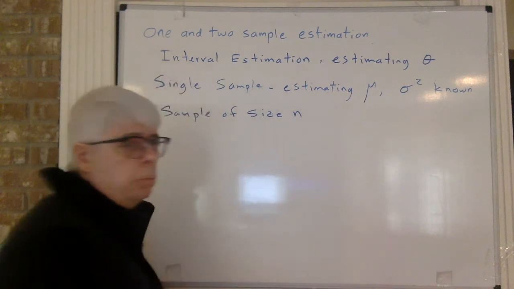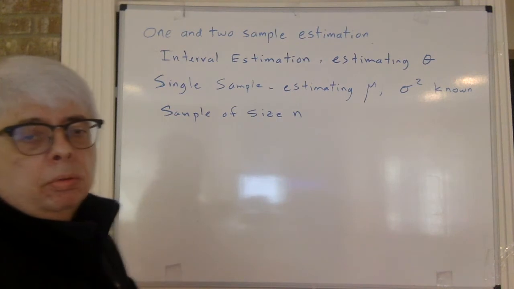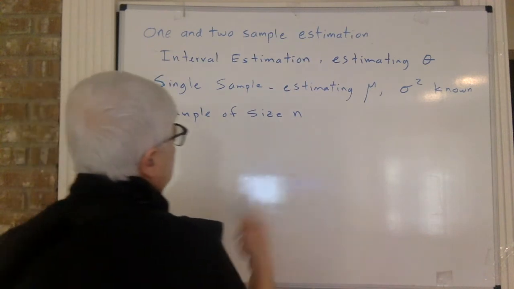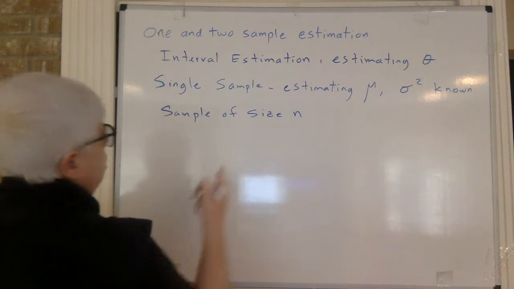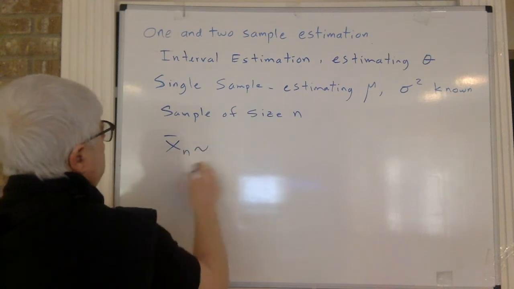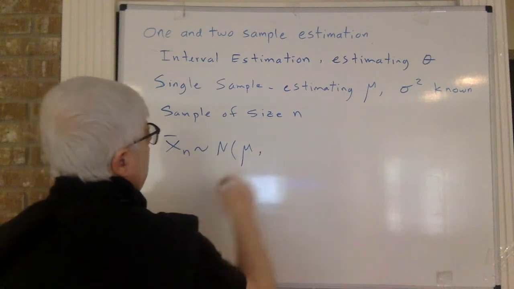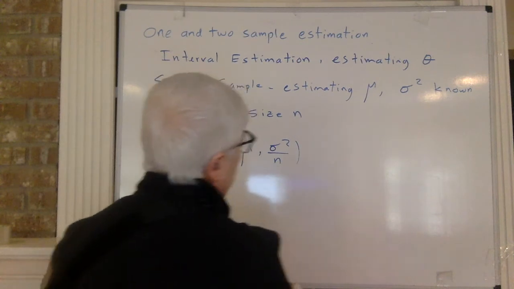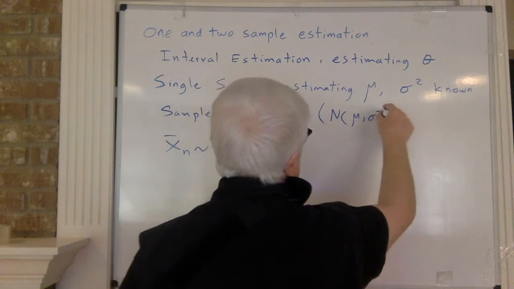So we have a sample of size n, and what do we know? Let's start with that estimator. What is the estimator for mu? The estimator for mu is that x bar. And we know that this guy here is in fact normal with mu and sigma squared over n, assuming that the sample is from a normal distribution. So it's from a normal distribution, normal mu and sigma squared.